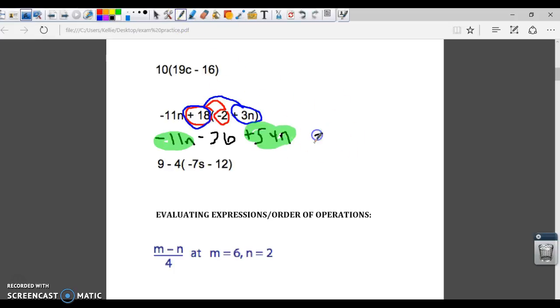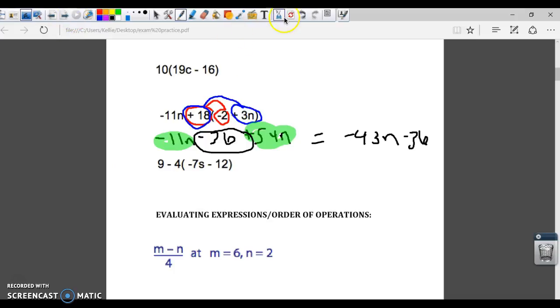So my n's, positive 54 combined with a negative 11n, it's going to give me a negative 43n. And this one cannot be combined with anything else, so I'll bring that right over. So it's negative 36. So my final answer is negative 43n minus 36.